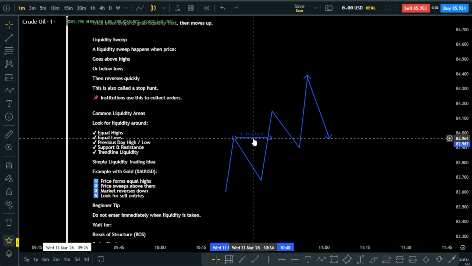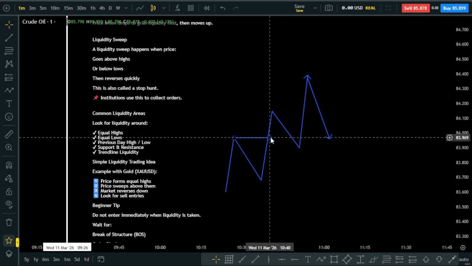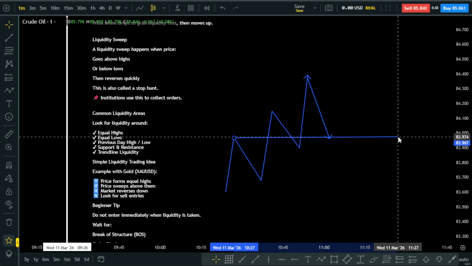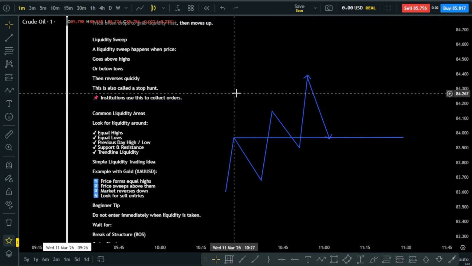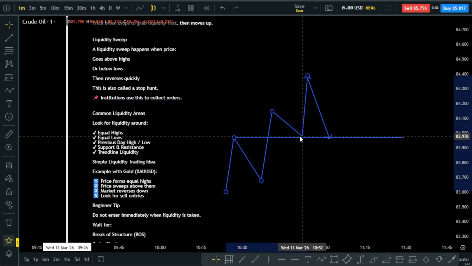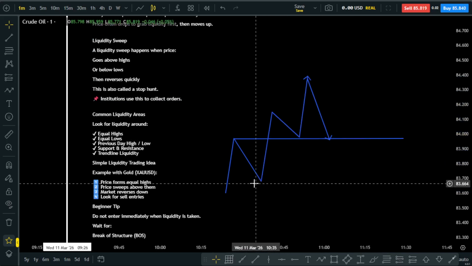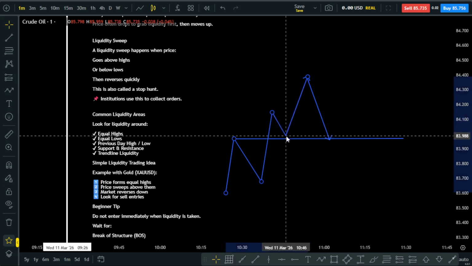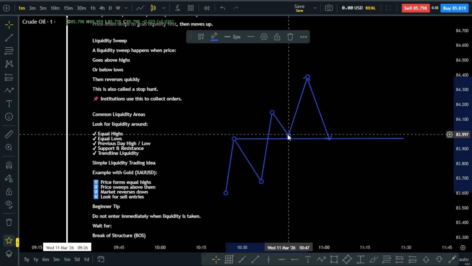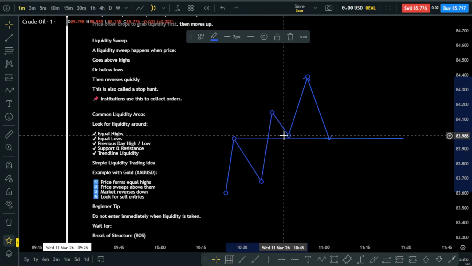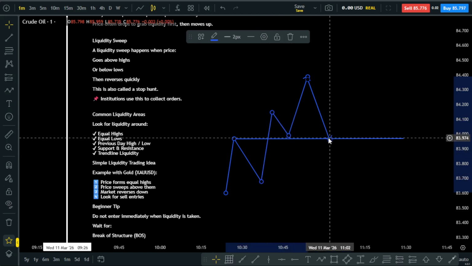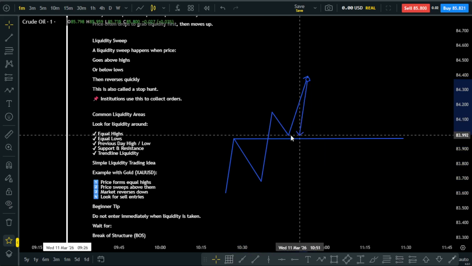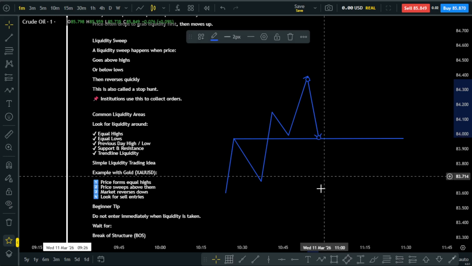And then apart from the break and retest traders, we also have S&R liquidity, support and resistance. What is it that they have been told? They have been told that once the resistance is broken, it becomes a support. So once price breaks and then it retests, what they will do is something like this.